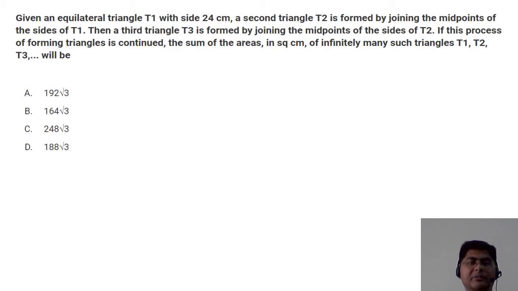If this process of forming triangles is continued, the sum of the areas in square centimeter of infinitely many such triangles T1, T2, T3 and so on will be: the first option 192 root over 3, 164 into root over 3, 248 multiplied by root over 3, 188 multiplied by root over 3.